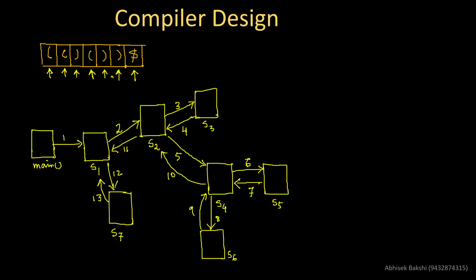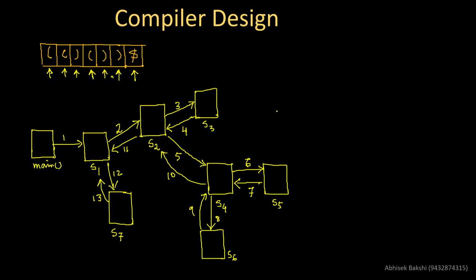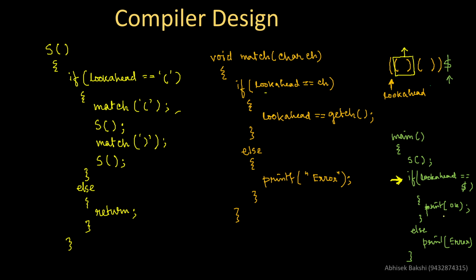So control will come back to the main function, and it will come to this line, because from this line of the main function the first S clone was called, and when that clone returns to main, obviously it returns to the next line. In the next line we have a check: if lookahead equals dollar. Let's see, yes, lookahead is pointing to dollar, that means the string is okay.